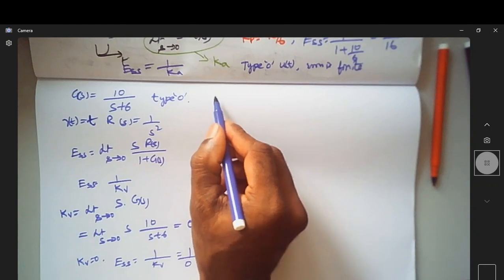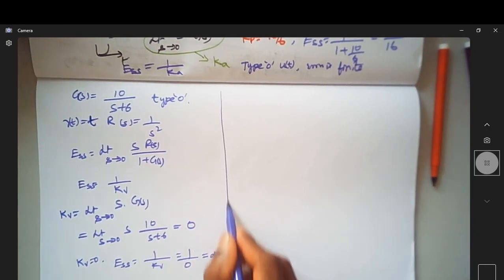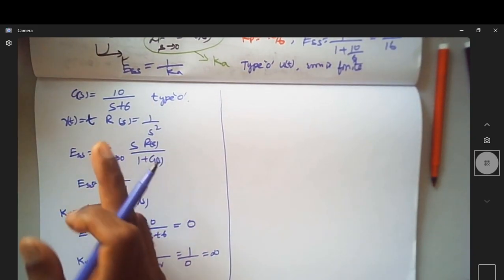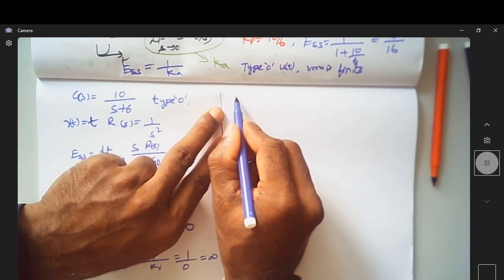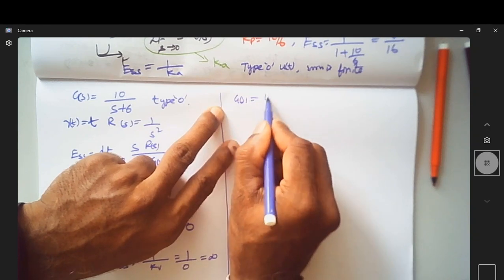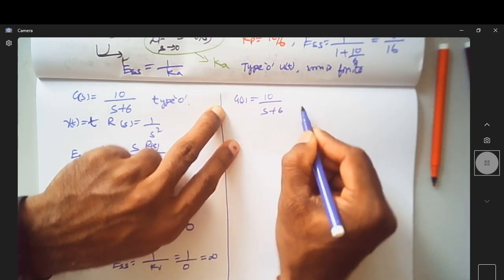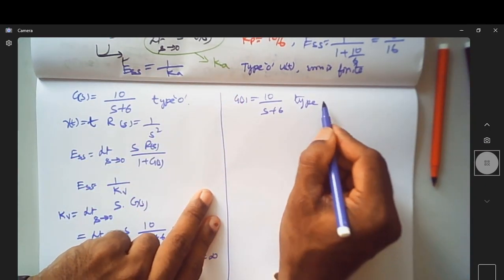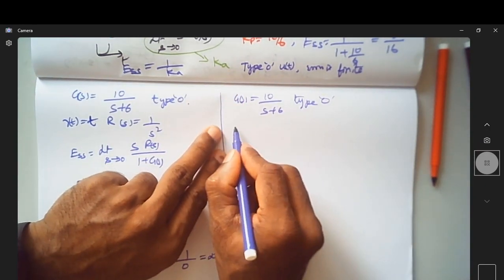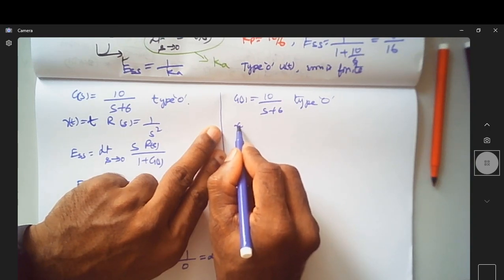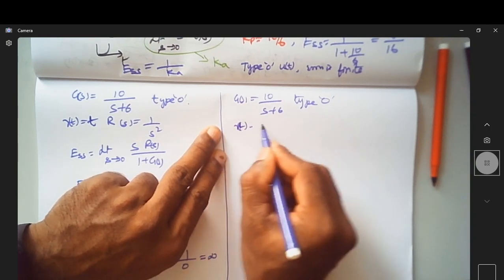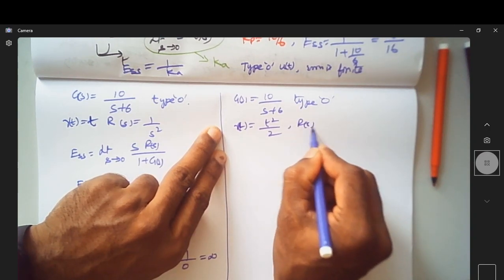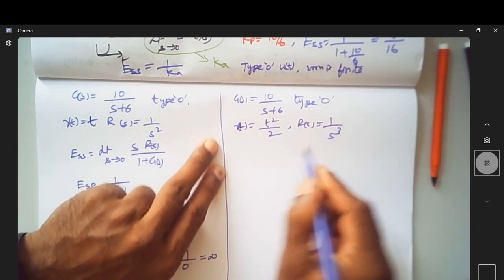So let us take the same type 0 system. Let us consider a standard parabolic input. So this GFS is again still 10 by s plus 6. This is a type 0 system. So let us now consider R of t as t square by 2. This results in R of s of 1 over s cube.